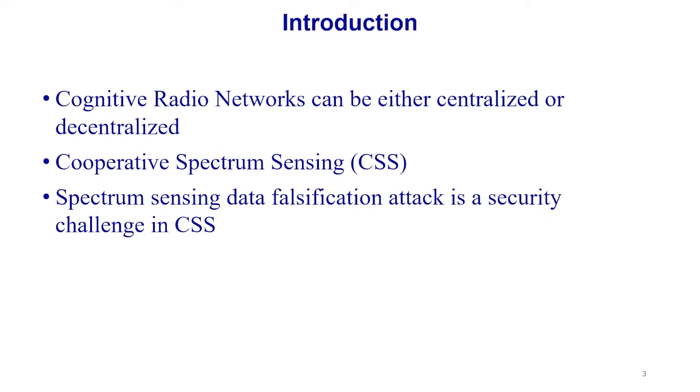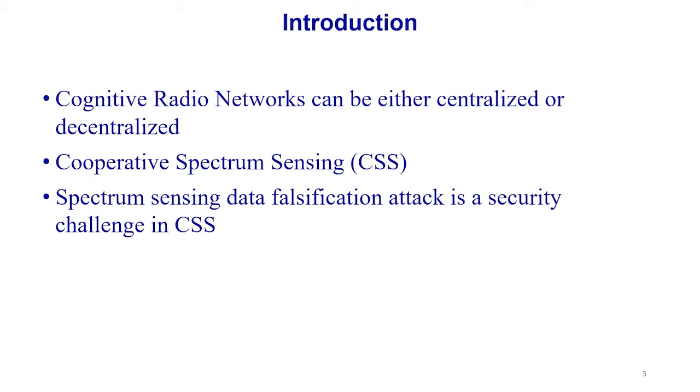spectrum opportunistically. By using the spectrum opportunistically, we mean that when the primary user of that particular spectrum wants to make use of it, the secondary user has to evacuate that spectrum, allowing the primary user to use it without any interference.